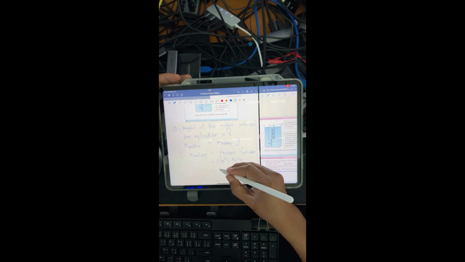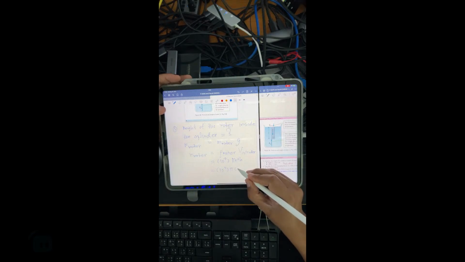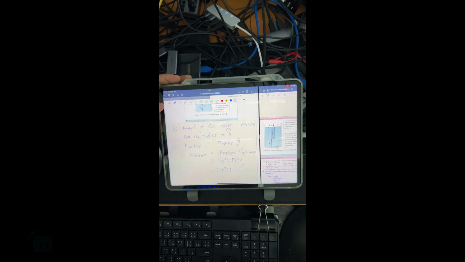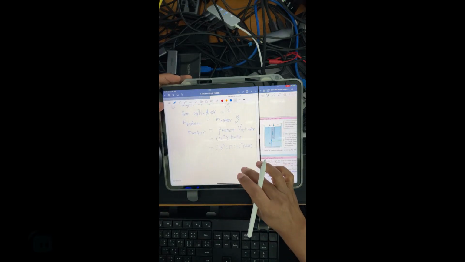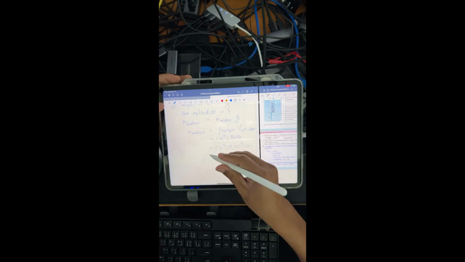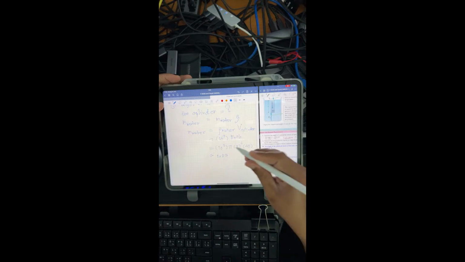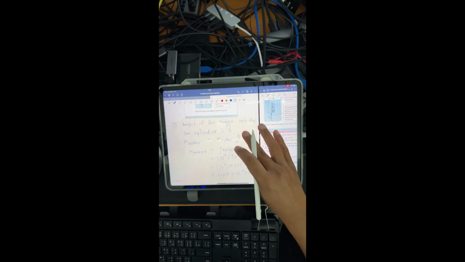So we have 1000 kilograms per cubic meter for the density, pi, and the radius r of the cylinder, which is 1 meter, so 1 squared, and the height is 40 meters. If you put it into the calculator, you're going to have 1.23 times 10 to the 6 Newton, or million Newton. That's the first thing, the weight of the water.